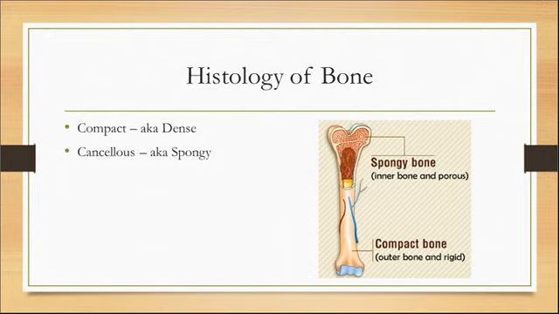The periosteum is actually continuous with ligaments and tendons. The diaphysis, which again is the shaft of the bone, contains a hollow medullary cavity. It's lined with endosteum and it's filled with bone marrow.